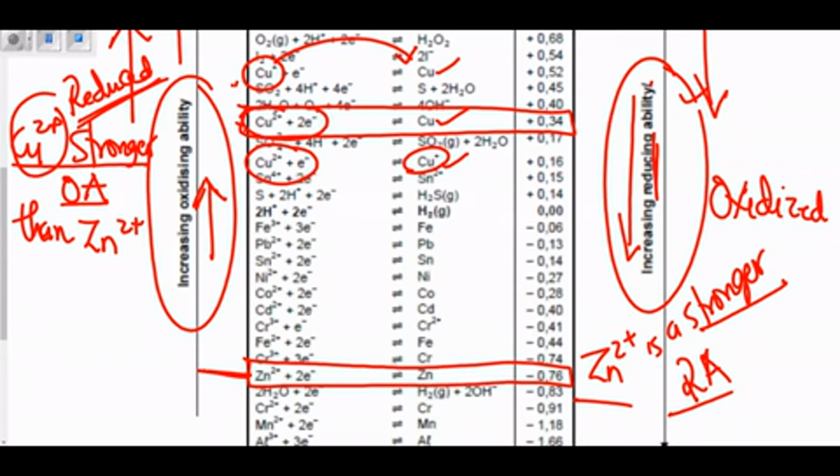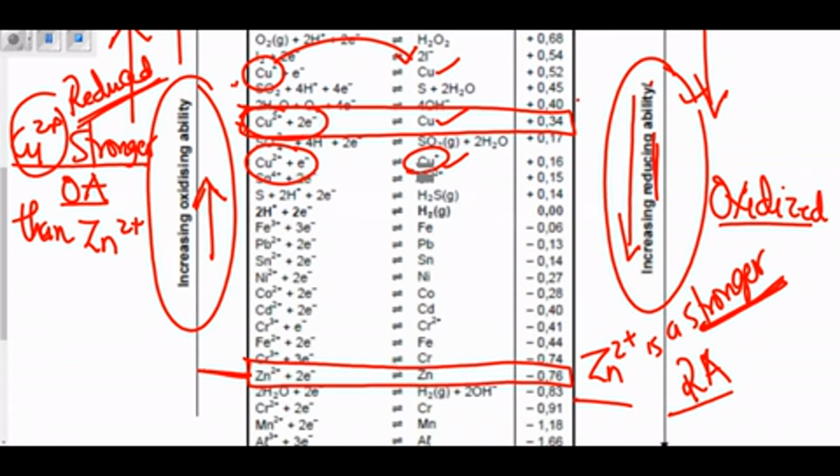While zinc is a stronger reducing agent, it will be easily oxidized. That's point number one: the stronger oxidizing agents become easily reduced. So copper 2 plus is the stronger oxidizing agent than zinc, and the stronger reducing agent, zinc, will be oxidized. All right, that's number one.